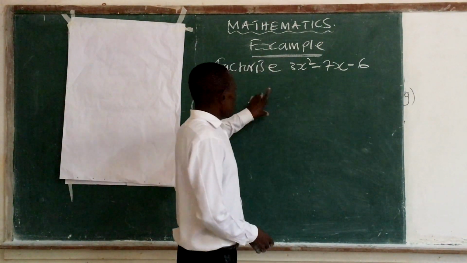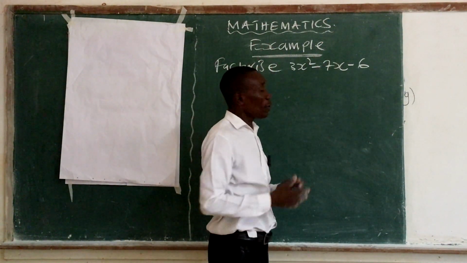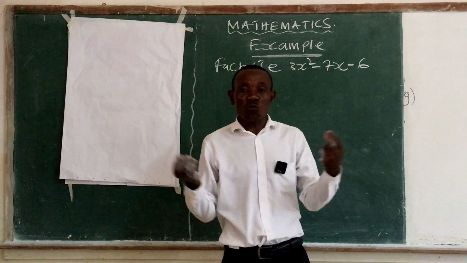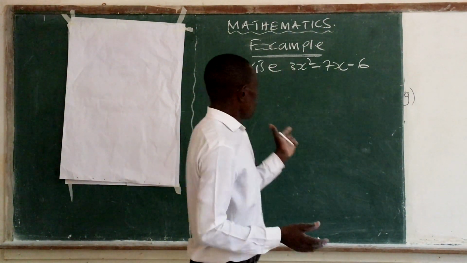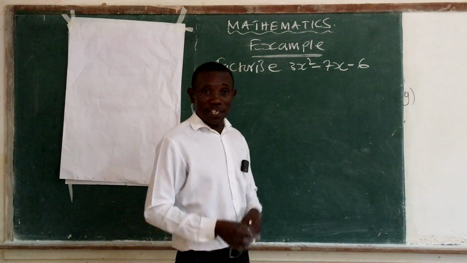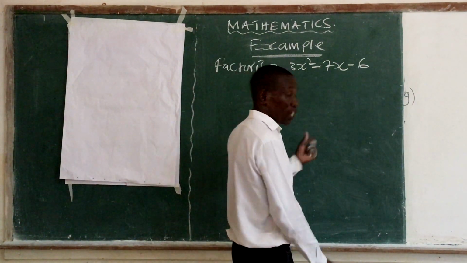So it's more like I have an expression here and I need to find the factors of it. If you consider numbers, it's easy to find the factors of them.